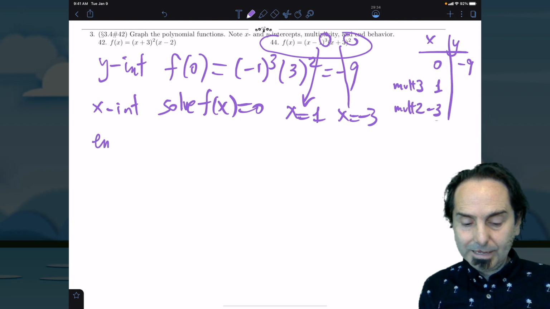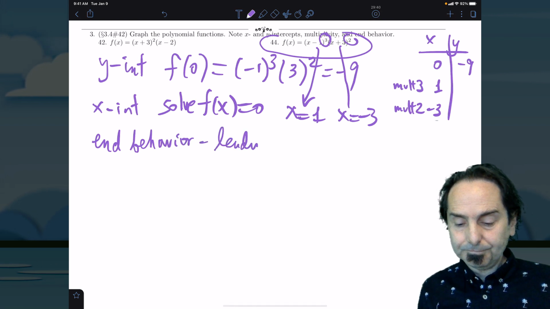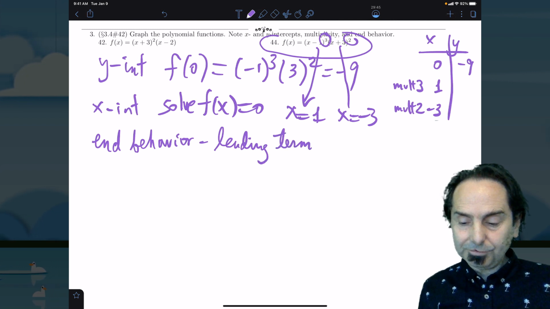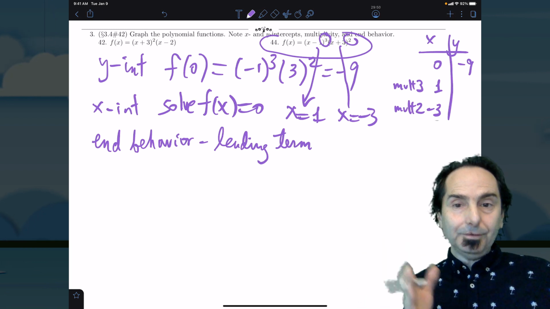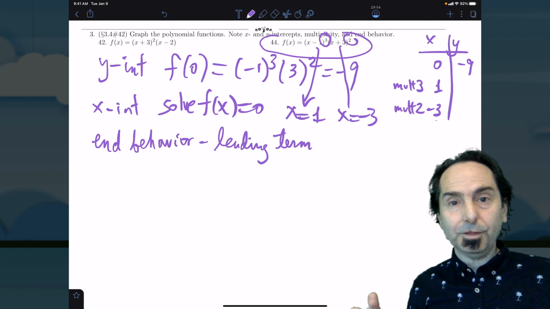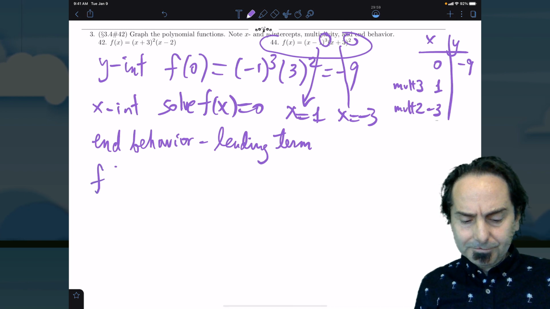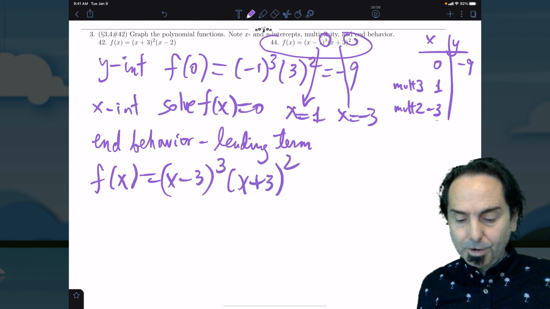Now let's look at end behavior. For that, we need the leading term. Imagine that you multiply it out and collect like terms and put them into general form, so organize them from the highest degree to the smallest degree. But we don't need to do all that work. We have f of x is x minus 1 cubed times x plus 3 squared.